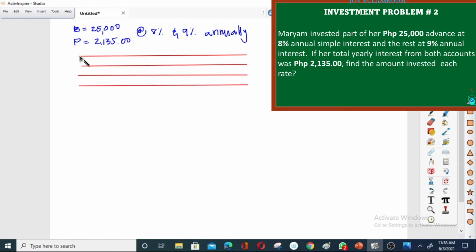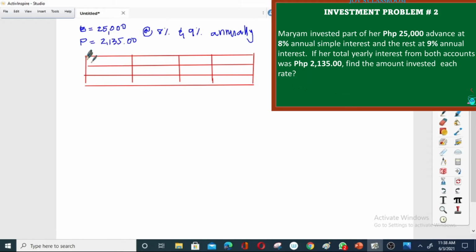So the rate, and the money at 8%, the money at 9%.